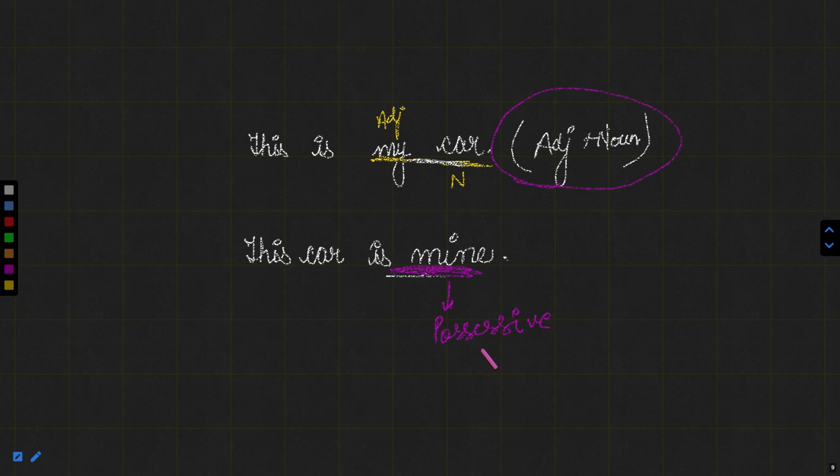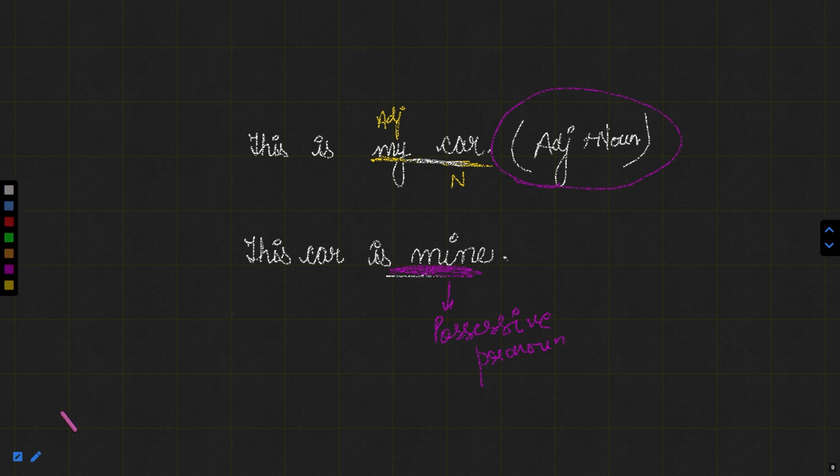So possessive pronouns are actually the words which can replace this combination, that is, possessive adjective plus noun. I cannot say mine car. That will be incorrect, because mine itself represents that the ownership of this car is mine. Sorry, this car belongs to me.